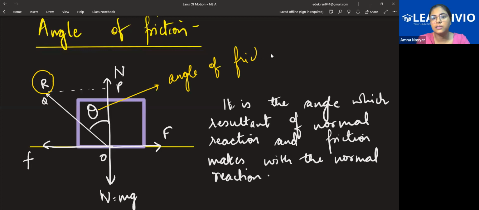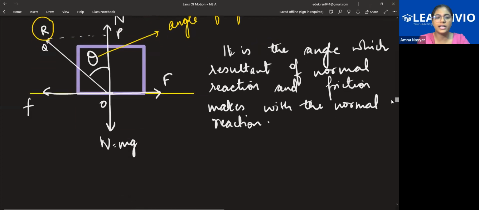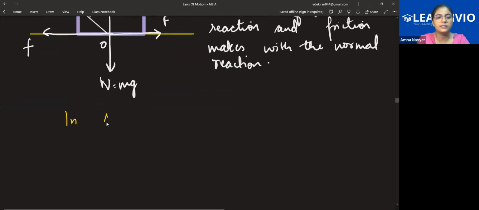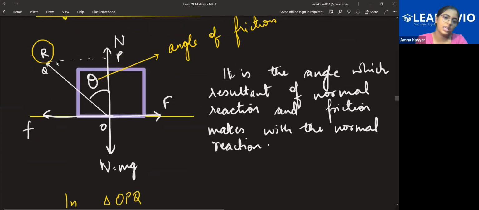And what is its formula? Very simple, very easy formula. This is P, this is Q, this is O. In this triangle, if I take tan theta, this will be equal to QP divided by OP, right?